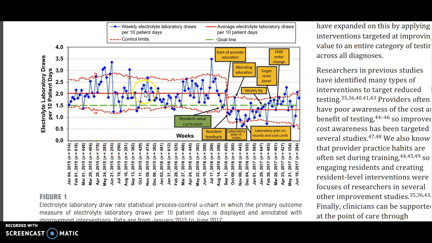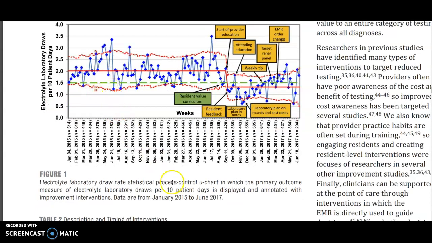So if you find any place where it's really tight, like right here, and you go down and look, these sample sizes will be higher. If you find lower sample sizes and look up, you'll see big wide control limits. So the more they had, the more accurately they could set the control limits for that particular week. And this idea of measuring a rate that varies is a U chart.